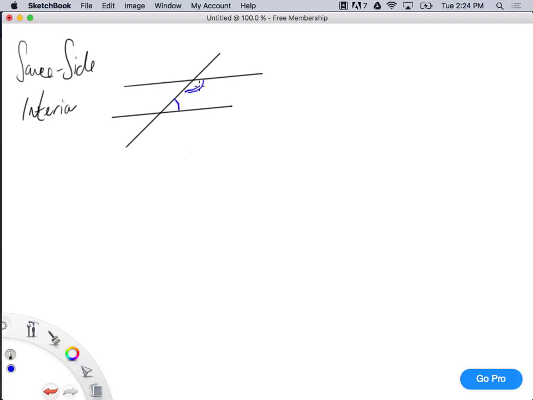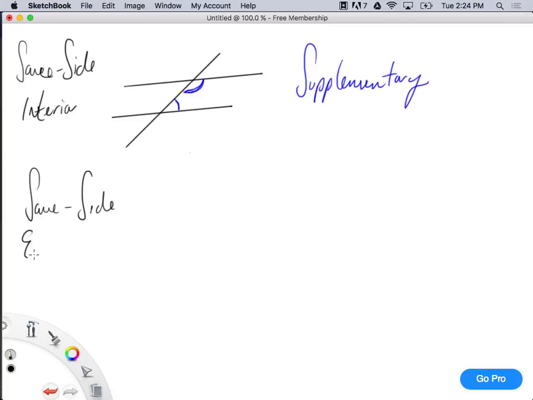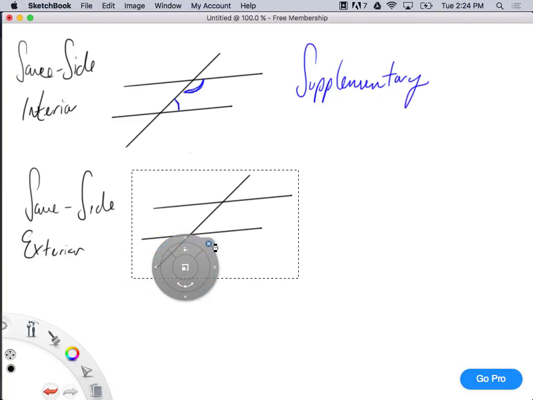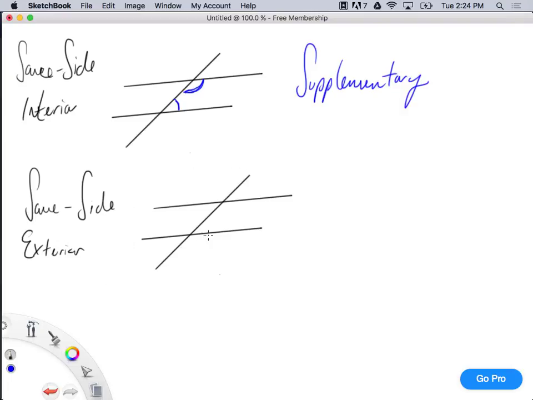What do I know about those two? They're supplementary. And then same side exterior. On the outside, but on the same side. And what are those? Supplementary.